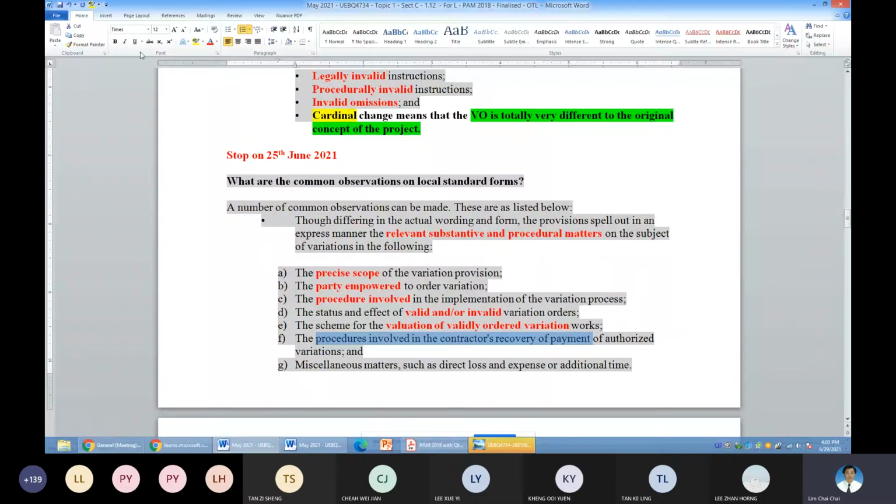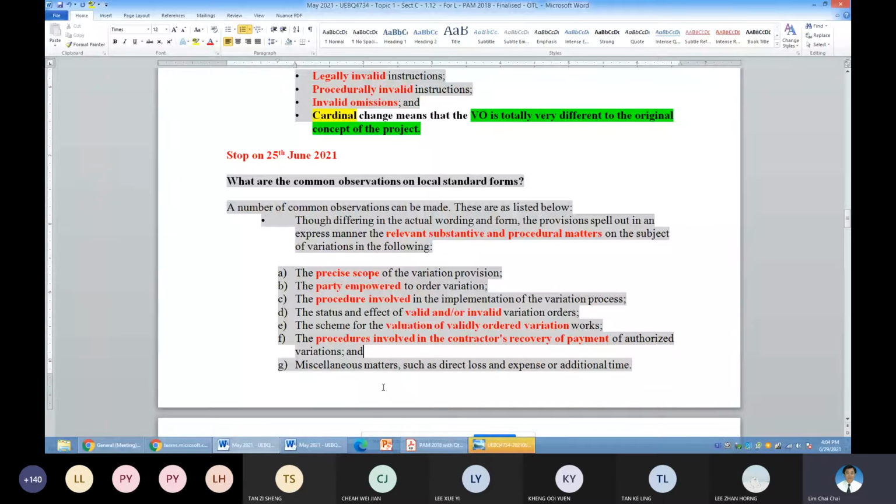For example, the contractor for our PAM 2018, first of all, must make a claim in the monthly interim certificate to incorporate it in the interim payment certificate. Then it is for the QS of the project to evaluate, and then the architect to prepare the relevant certificate.